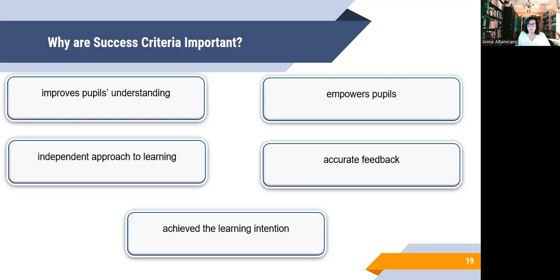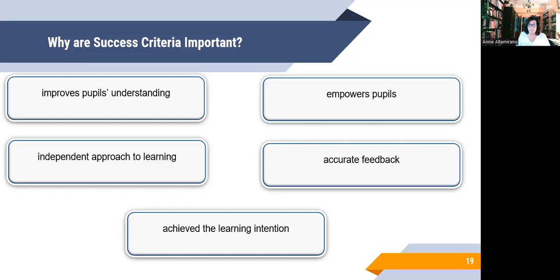In time, pupils who have experience of working with success criteria and contributing to the development are more likely to take an independent approach to learning because they understand how the criteria apply to their learning. They can then use the criteria to assess their own achievements, address their own concerns, and identify areas for improvement.